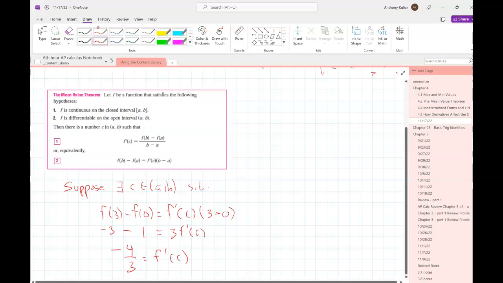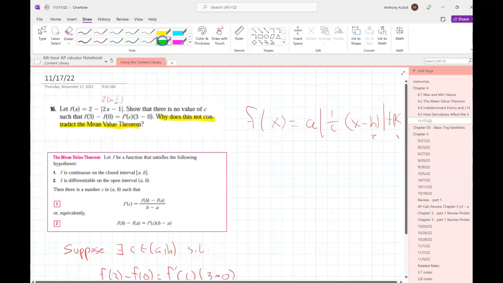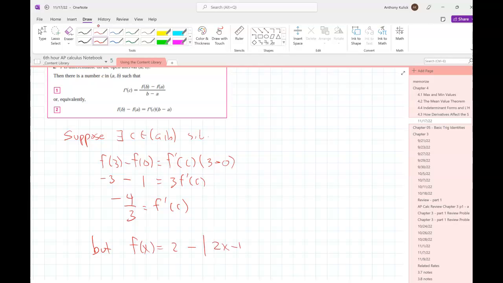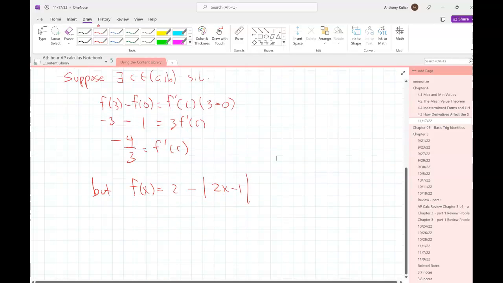So if that's the case, then the derivative at c needs to equal negative 4/3, right? But if I look at this absolute value function, that was it, right? I copied that right? Okay.